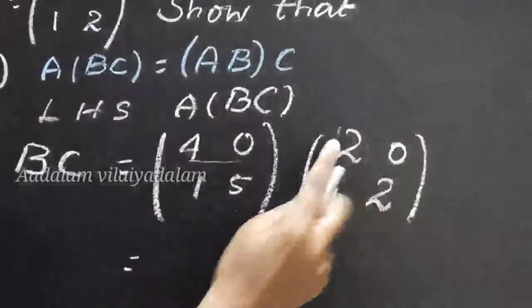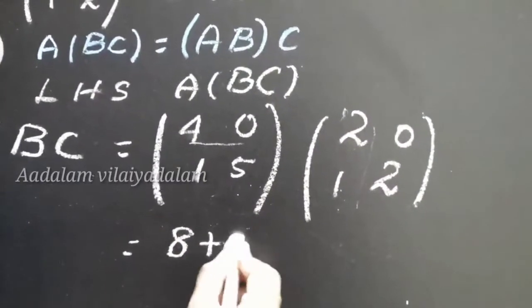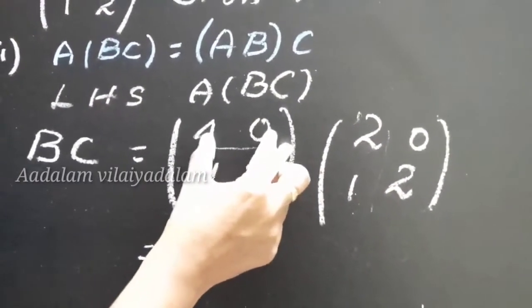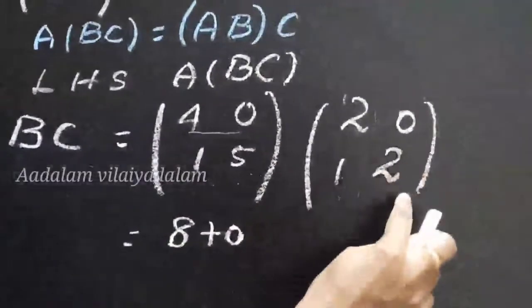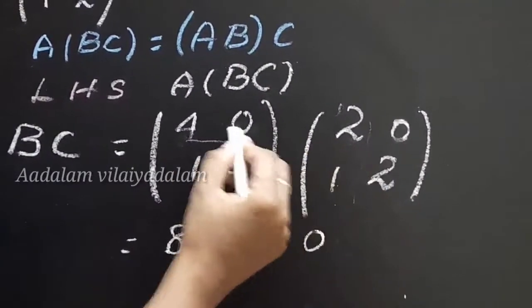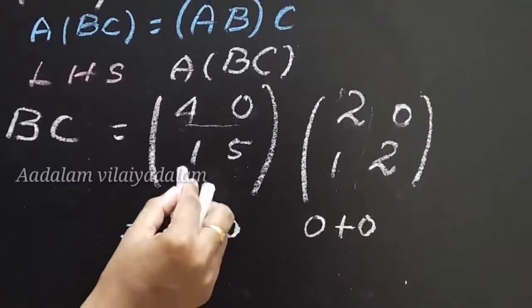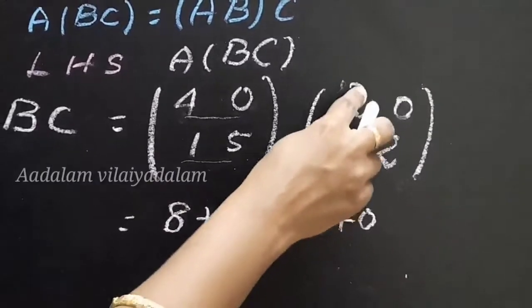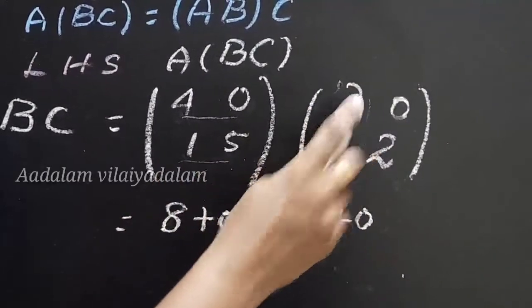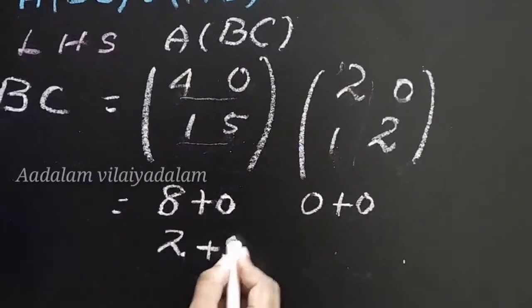4 into 2, 4 2s are 8, 1 into 0, 0. Next the same row, the first row, the second column, 4 into 0, 0, 2 into 0, 0. Next consider the second row, first column, that is 1 2s are 2, 5 1s are 5.